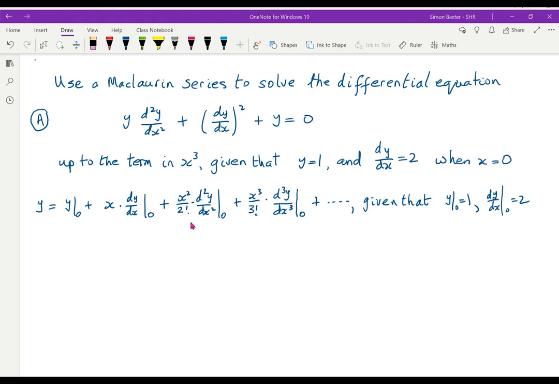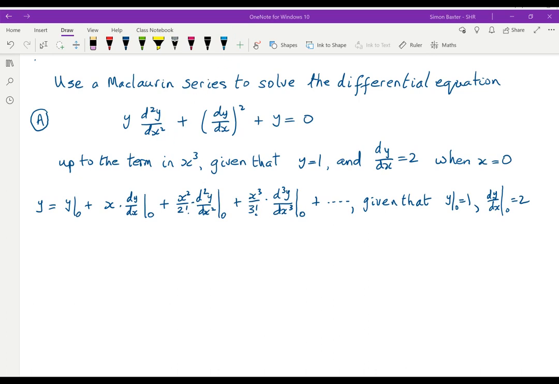I've added the Maclaurin series for you, and here is the condition that y is 1, dy by dx is 2 when x is 0. So we know y, we know dy by dx when x is 0. This enables us to work out d2y by dx squared when x is 0.